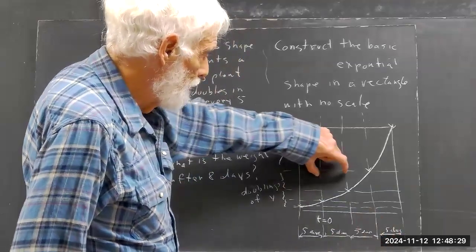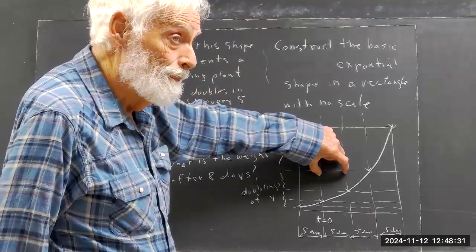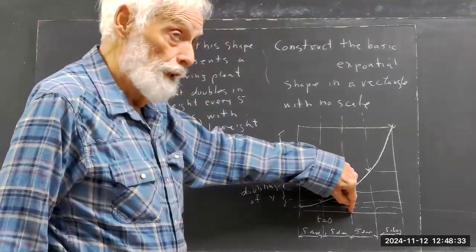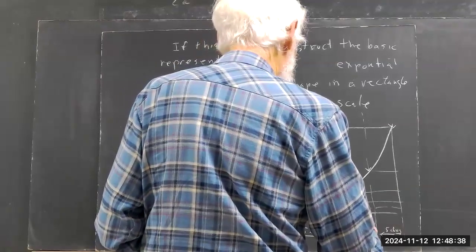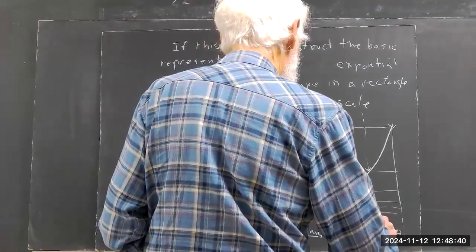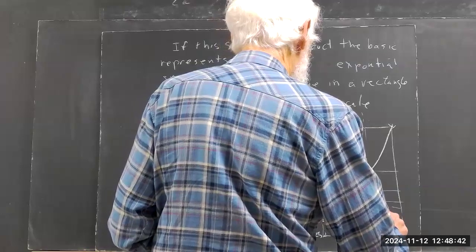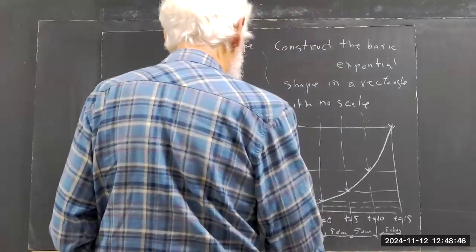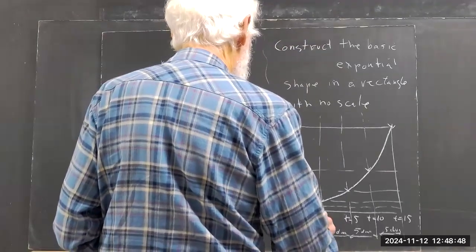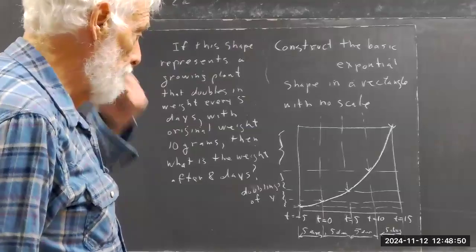So between this line and this line, it's got to be 5 days. If t is 0 here, it better be 5 here. Otherwise, it won't be 5 days between. And then clearly then t equals 10 here, t equals 15 here, and t equals -5 here.